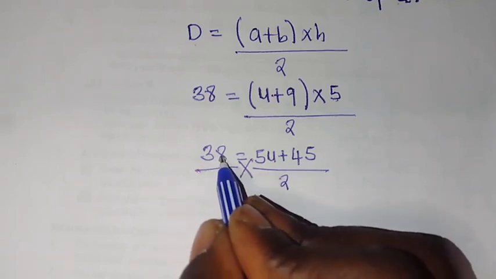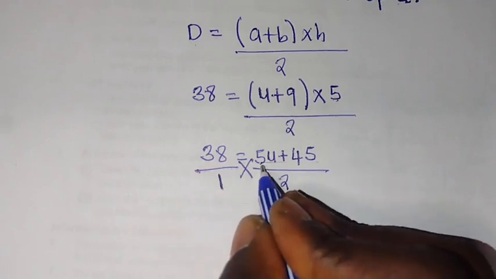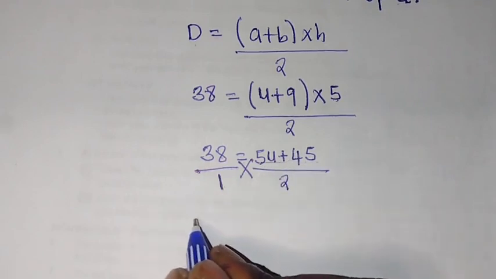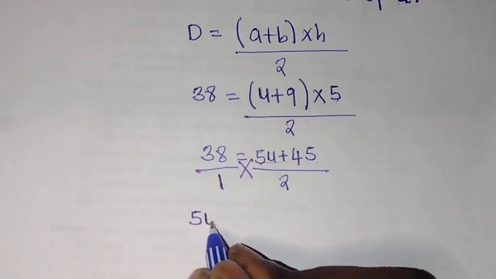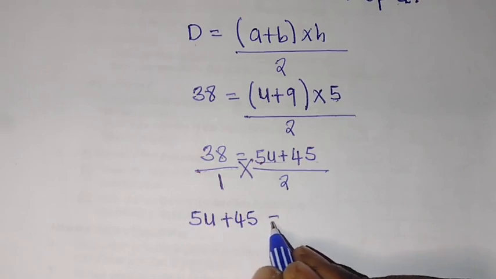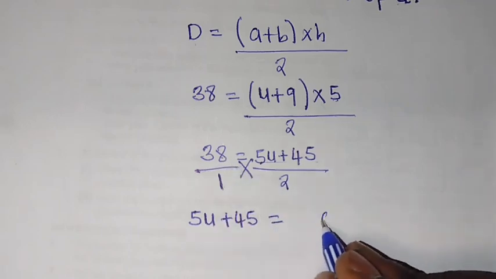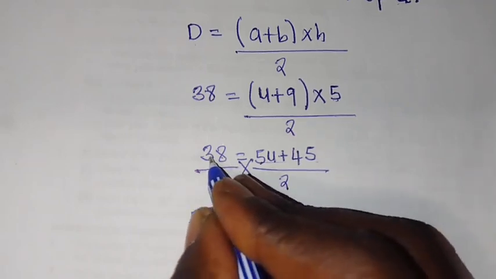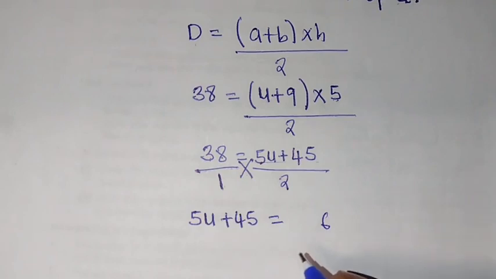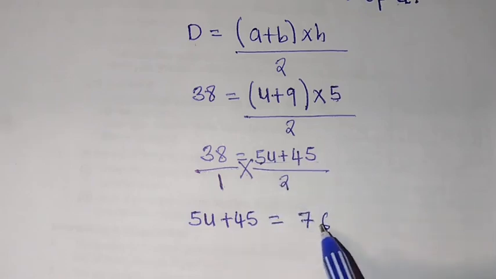So 2 times 38, and 1 times this numerator. 1 times 5u plus 45 gives us the same thing, 5u plus 45, equal to 2 times 38. 2 times 38 will give us 76.